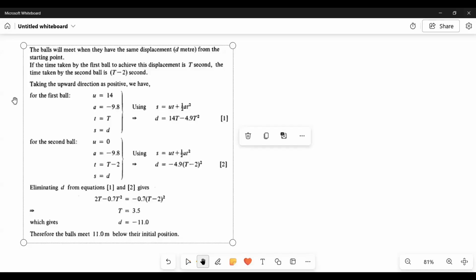So they say that if the time taken by the first ball to achieve the displacement is t seconds, the time taken by the second ball is going to be t minus 2. And why are we saying this? Because the second one was released a little later. So if t seconds is the time that the first one has been in motion, then the second one is going to be t minus 2. See if you get me up to there.